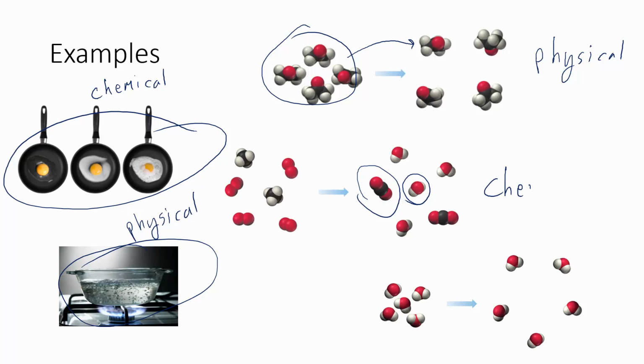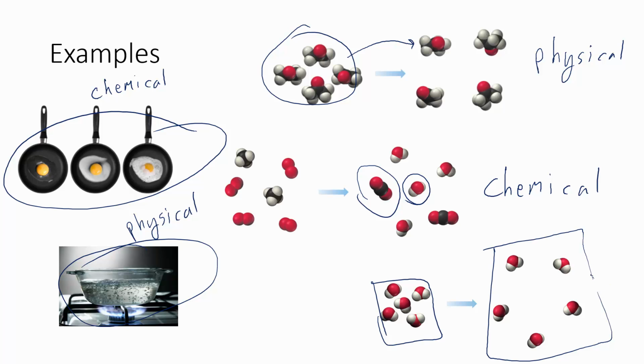Okay, so we've changed what the molecules are. It's a chemical change. Okay, so we have water over here, more spaced out, widely distributed water on the right. Which one is that? No change in the attachments or the ratios, so that's a physical change.